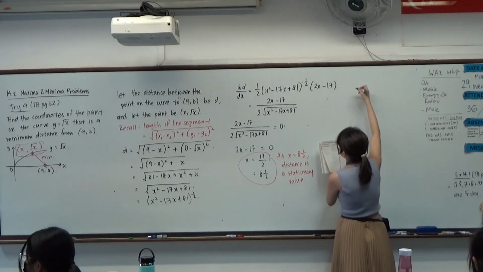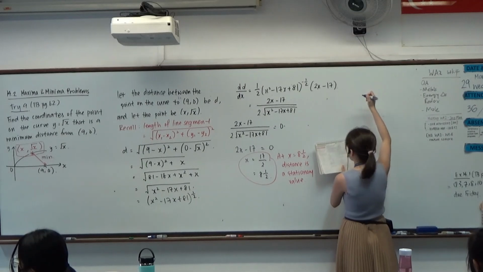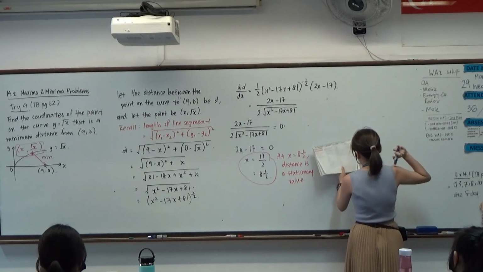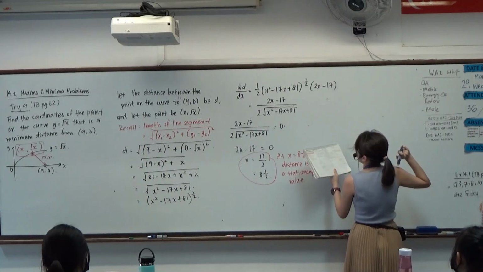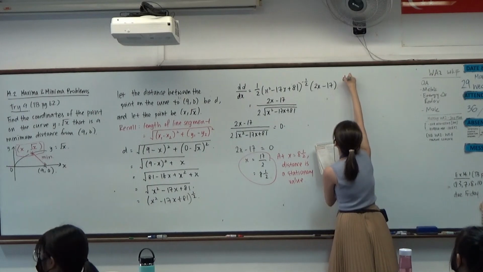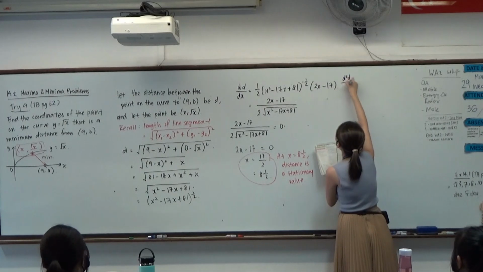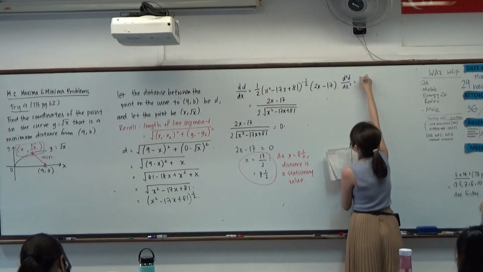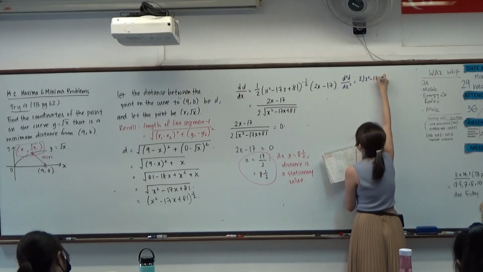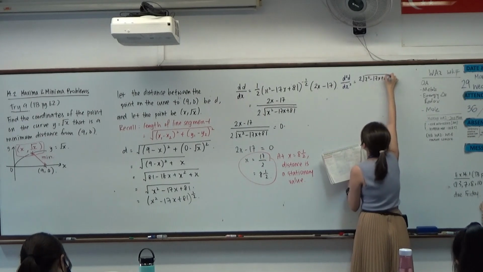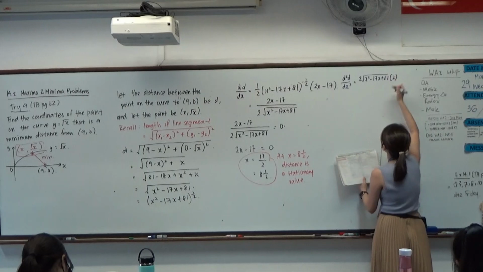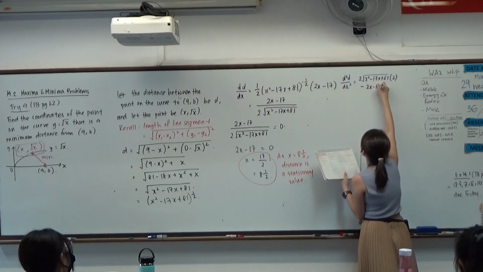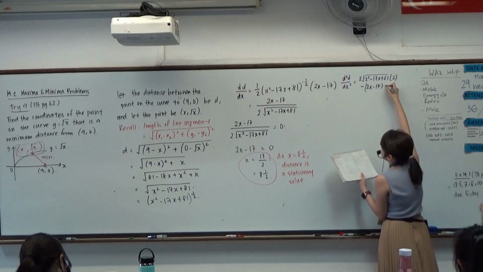In this case, I shall use the quotient rule. D over dx squared. So I will keep the bottom, differentiate the top, minus away, keep the top, differentiate the bottom.